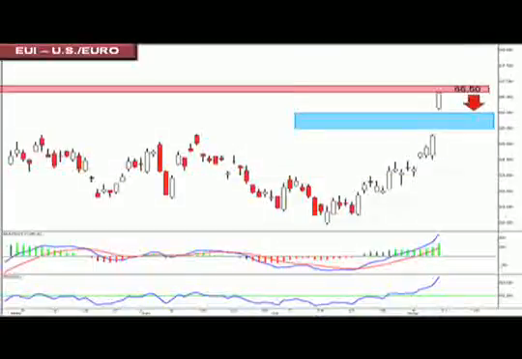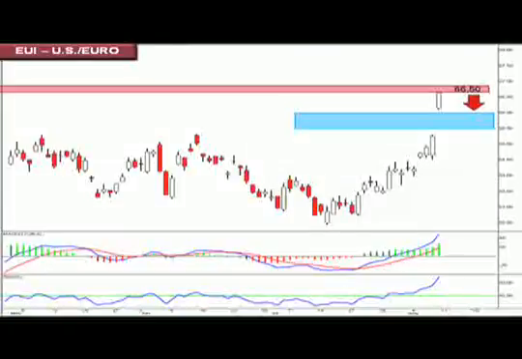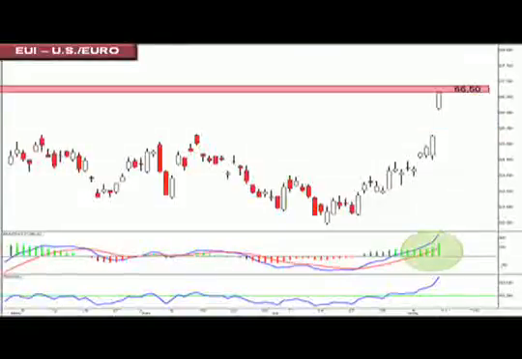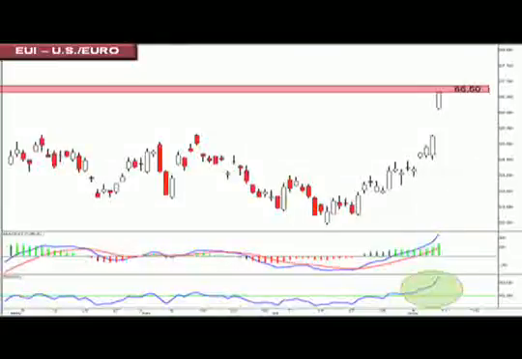With that in mind, a rejection off of that 66.5 is likely to play back down into that 65.5 to 66 focal area. Our MACD still suggests that we're in a very strong trend to the upside, and our RSI still suggests that we are trending with some momentum to the upside as well.